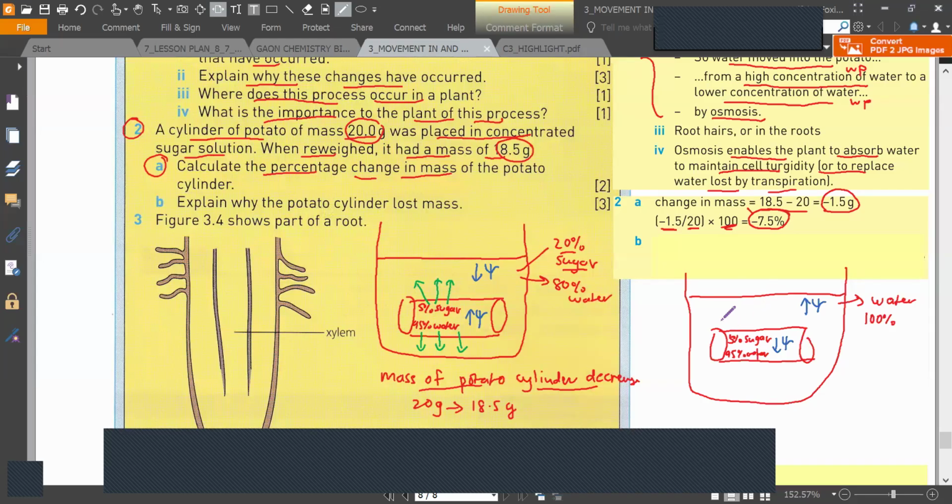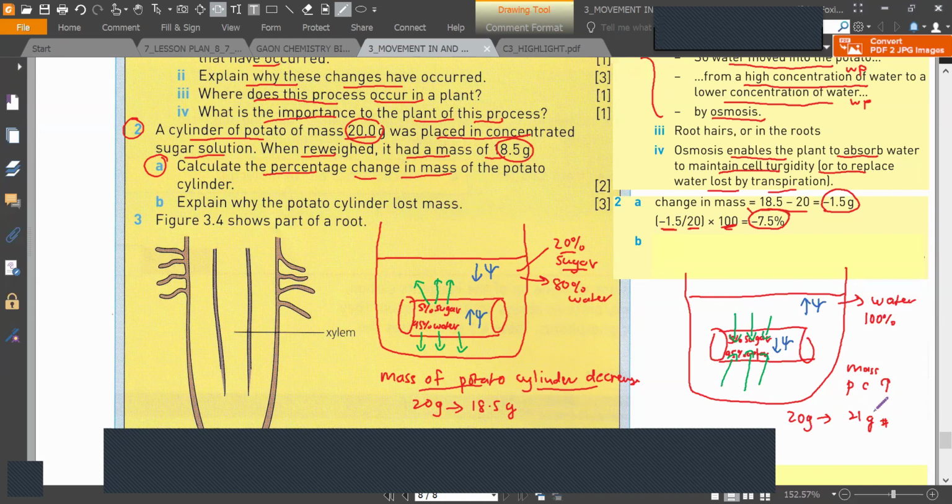Water will move inside the cell, I mean the potato cylinder, because outside is higher water potential. So in this case, we expect the mass of the potato cylinder will increase. For example, it might go from 20 grams to 21 grams.